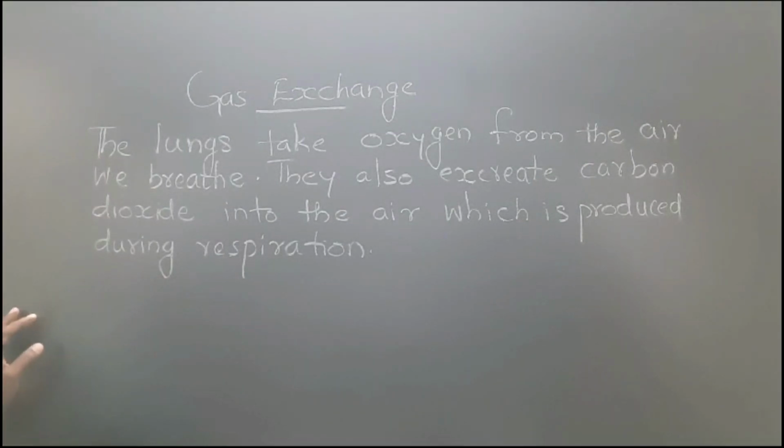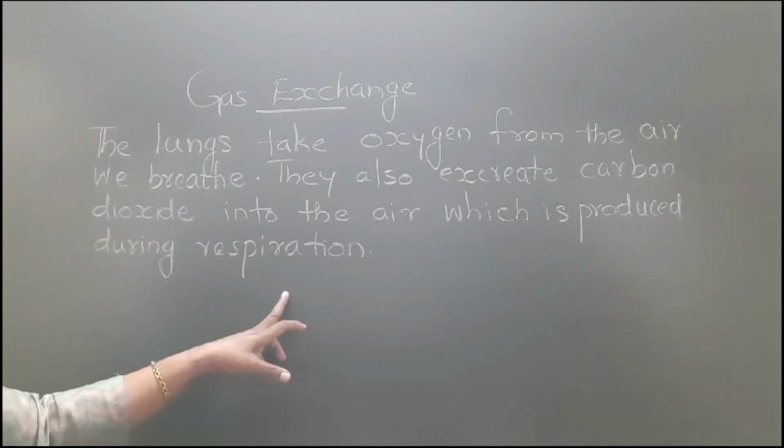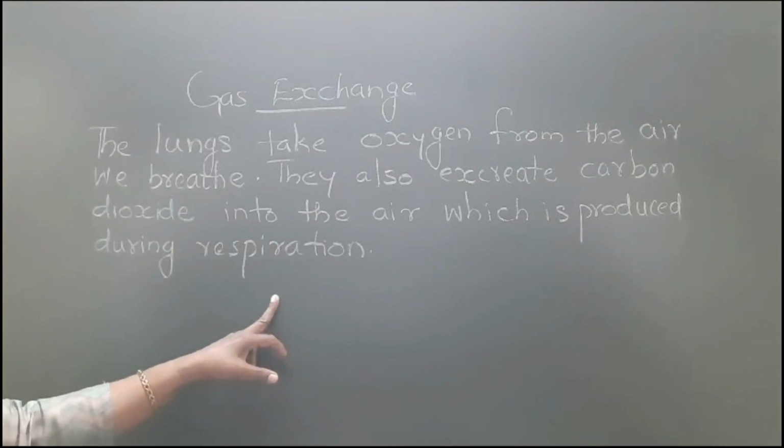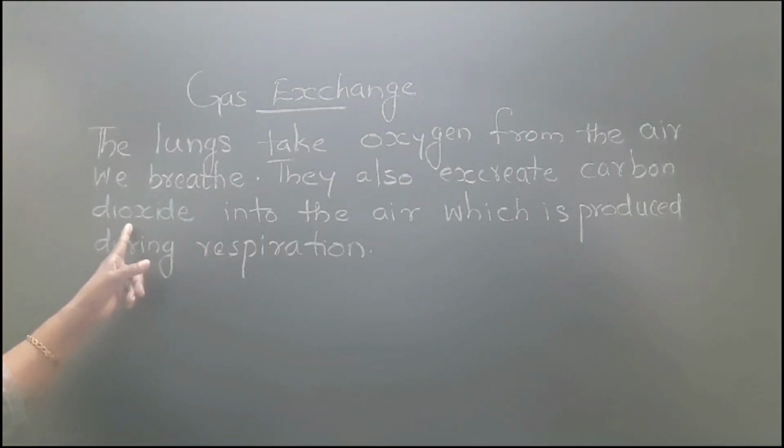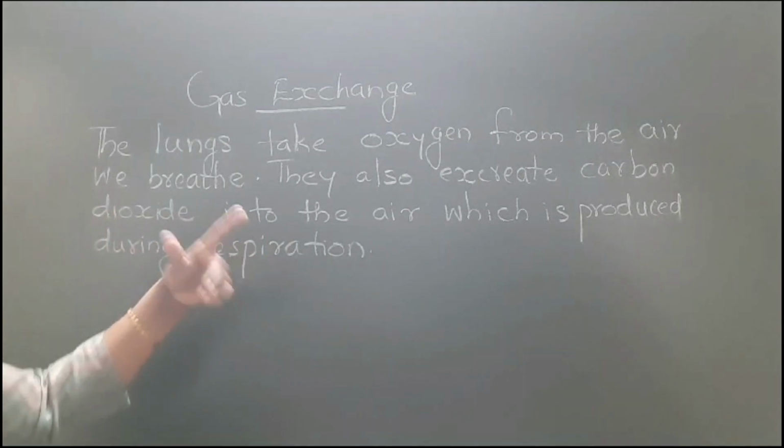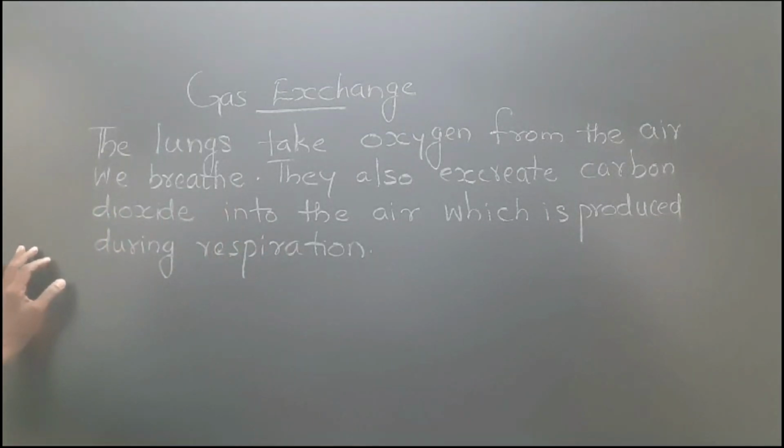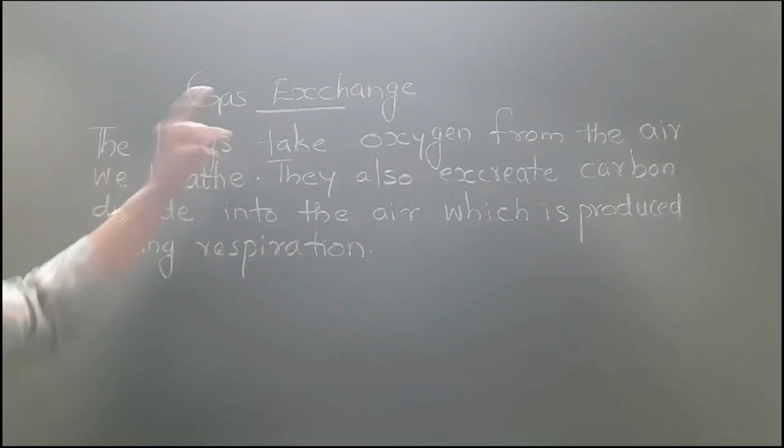During aerobic respiration, glucose breaks down with the help of oxygen. We get carbon dioxide and water. That carbon dioxide is breathed out. We breathe out carbon dioxide. That process is called gas exchange.